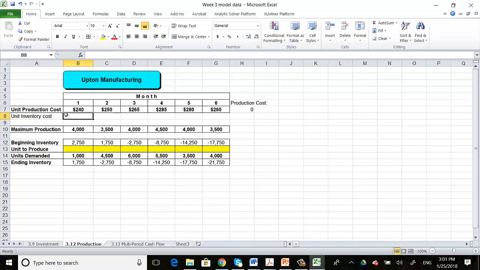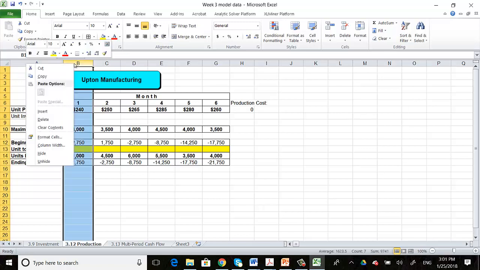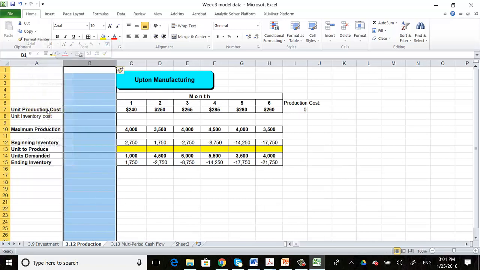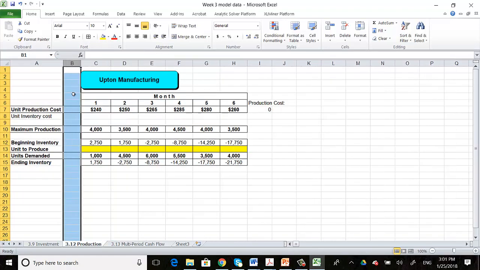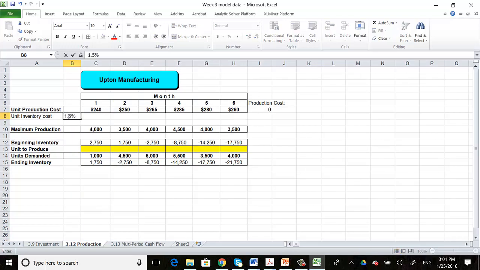And we know the inventory cost is 1.5%. Now I want to put that 1.5% in a specific cell, because I don't want to put it here, I want to refer to it. So I'm going to insert the column here that I asked you to delete, and put 1.5% there.